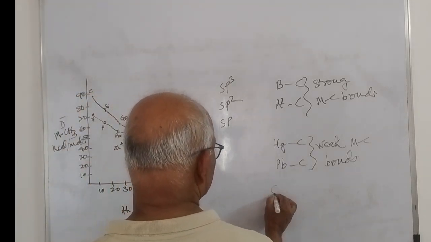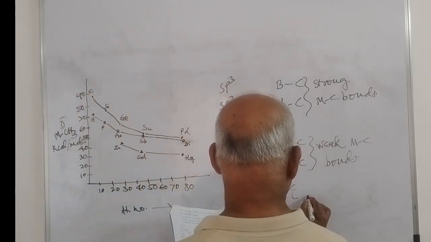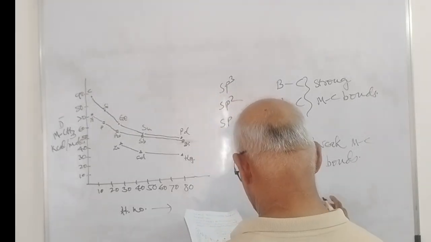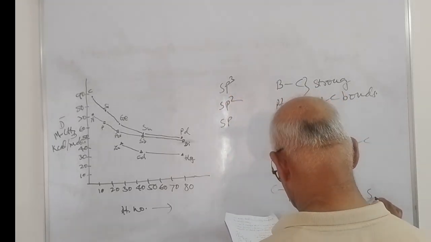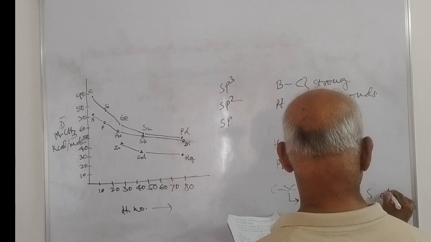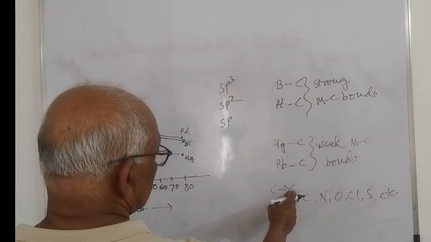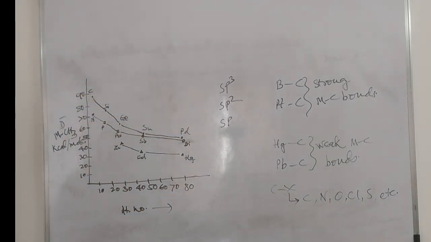So these are comparable to C-X, where X is carbon, nitrogen, oxygen, chlorine, sulfur, etc. So we have carbon-nitrogen, carbon-oxygen, carbon-chlorine, carbon-sulfur bonds, etc. These are also single bonds comparable with the bonds present in similar organic compounds.